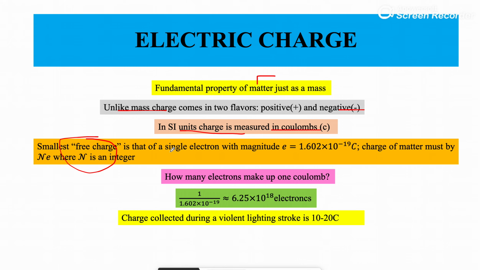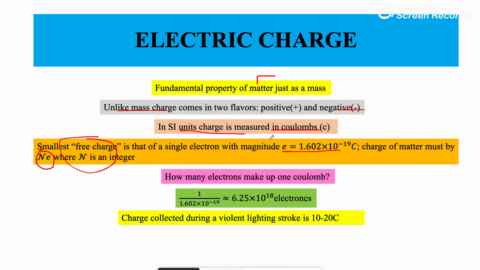The magnitude of this charge is 1.602 into 10 to the power minus 19 coulombs. Please note that the order of magnitude is very, very small, and the observed charge that you might measure should always be a multiple of this electron charge.